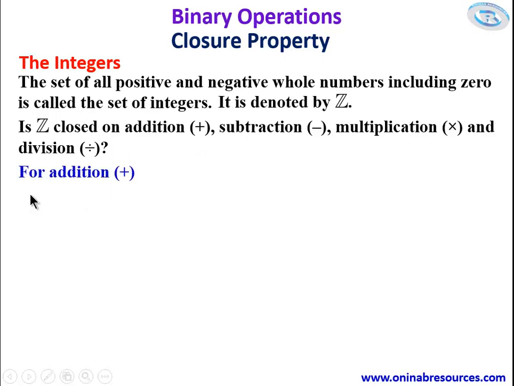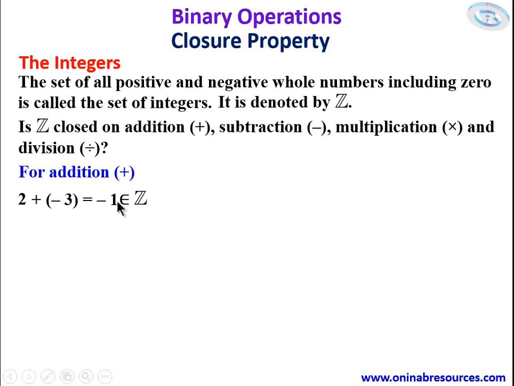Then for addition, if we pick two integers and add them, will it give us an integer? So we pick the first number to be 2 plus the second number to be -3. So 2 plus -3 gives -1, and -1 is an element of Z because -1 is an integer.